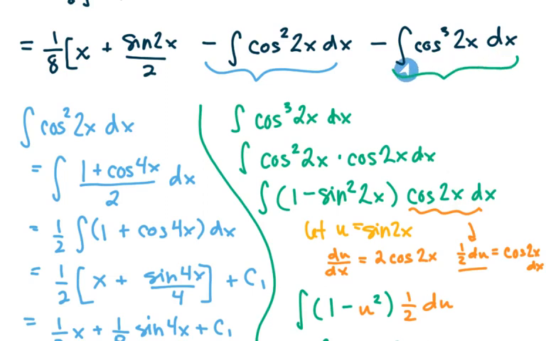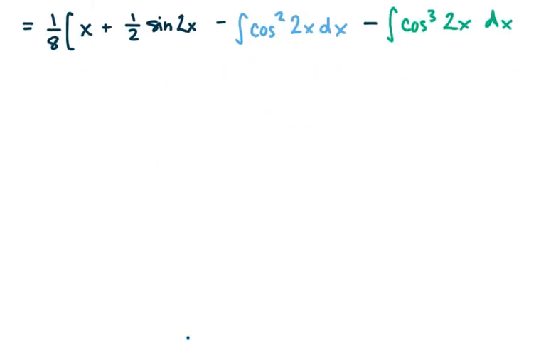So I'm going to go to the next screen and write out what we have. So this is what we had written out. 1/8 times x plus 1/2 of sine of 2x minus the integral of cosine squared of 2x minus the integral of cosine cubed of 2x. I worked both of these pieces out in some scratch work.